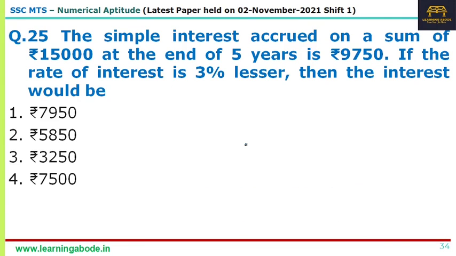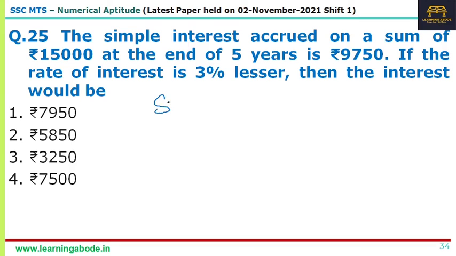Now the last question, a simple interest question. Simple interest accrued on a sum of 15,000 at the end of 5 years is 9750. If the rate of interest is 3% lesser, then what would the interest have been? Let's try to do the calculation.